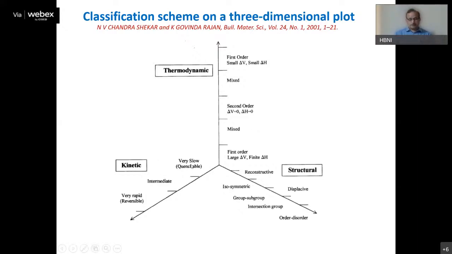So this can be related thermodynamically to first order phase transitions, and then there could be very rapid reversible changes, which can also be related to first order phase transitions, but with very small change in the internal energy. And anyway, I have already discussed this reconstructive, displacive, and different symmetry types of phase transitions. So these are all interrelated.